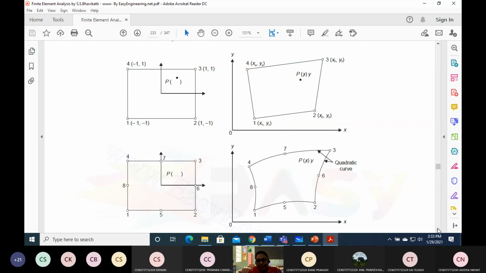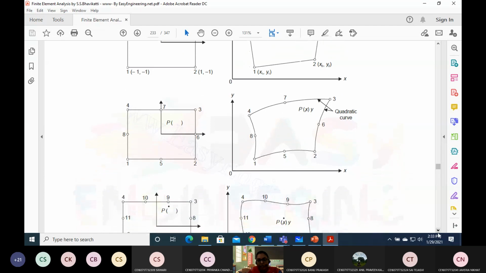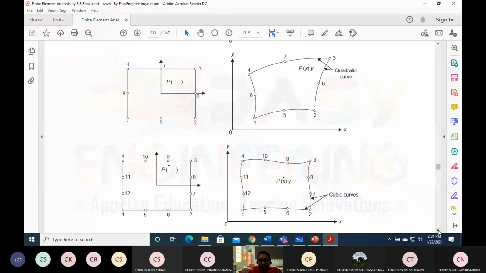In the next figure, an 8-noded rectangular element is mapped to an 8-noded element whose sides are of quadric curved nature. Parabolic, quadric, cubic, quartic, we have seen all these. These are mapped to a quadric curved structure.